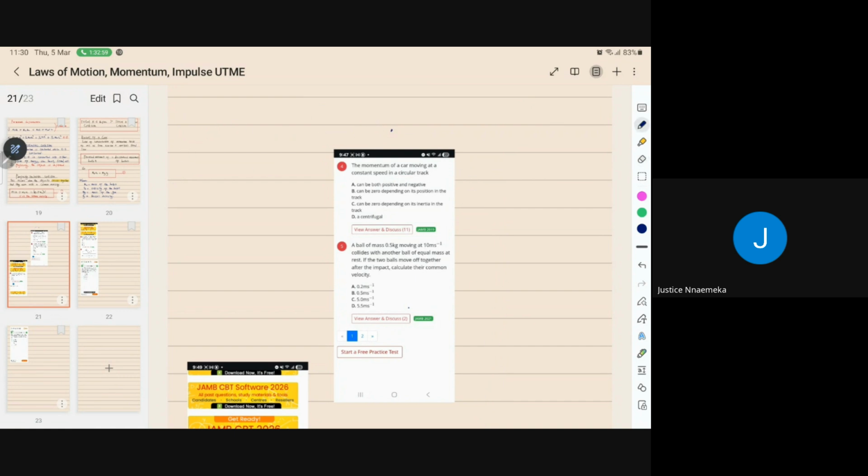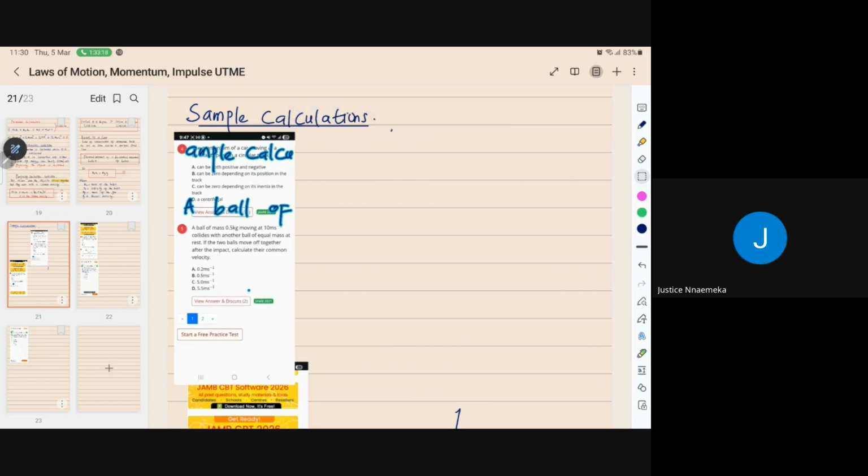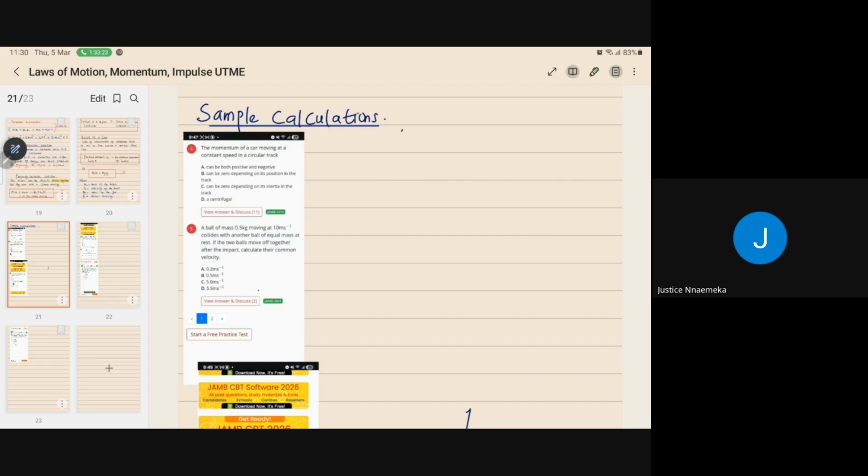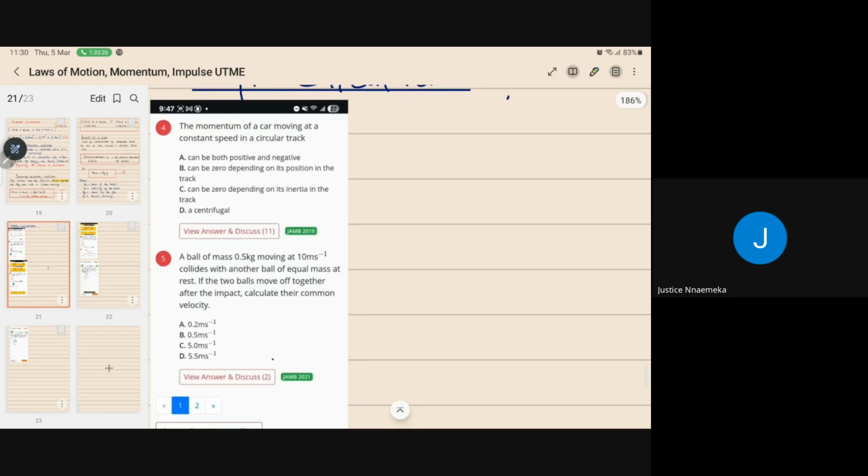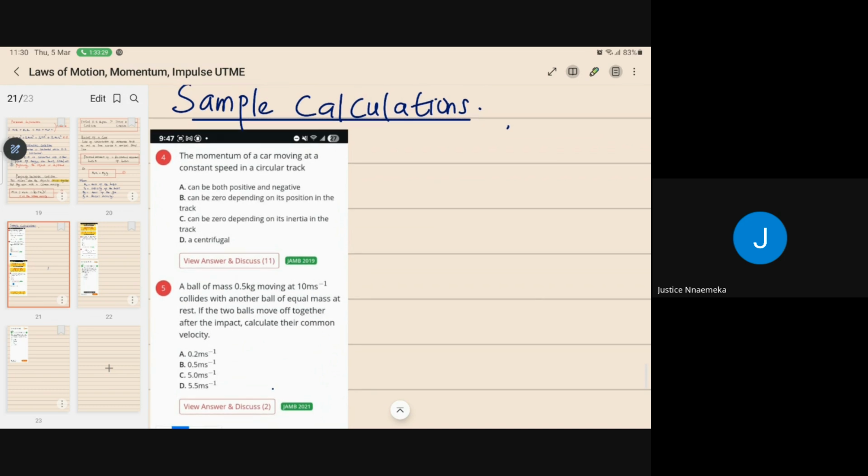So let's look at our sample calculation. Look at that question. It says that the momentum of a car moving at a constant speed in a circular track. Who can answer that question, the first one there, when they're moving in a circular track.